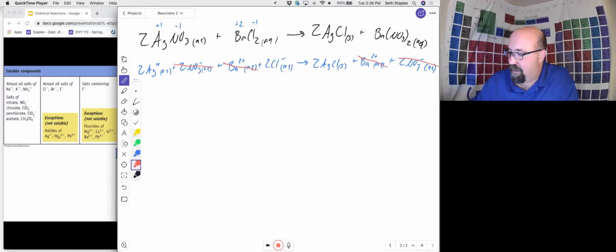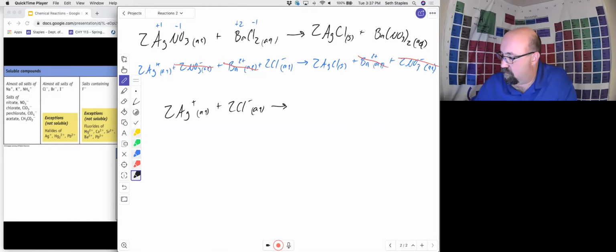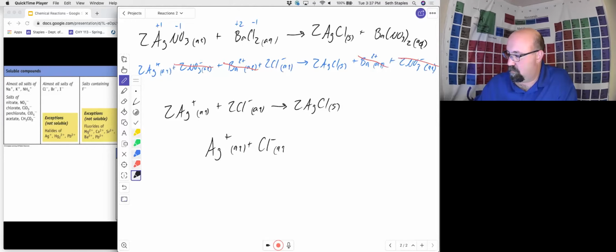And so finally what we have left, 2Ag plus aqueous plus 2Cl minus aqueous gives us 2AgCl solid. And then we just want to reduce that down. So we get our final net ionic equation.